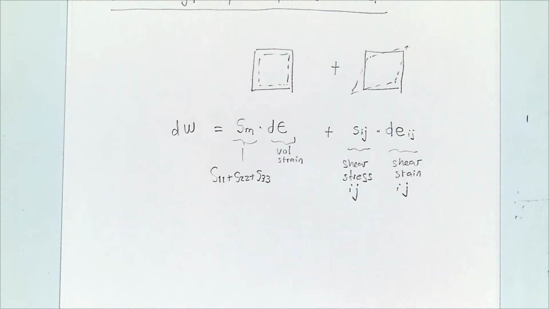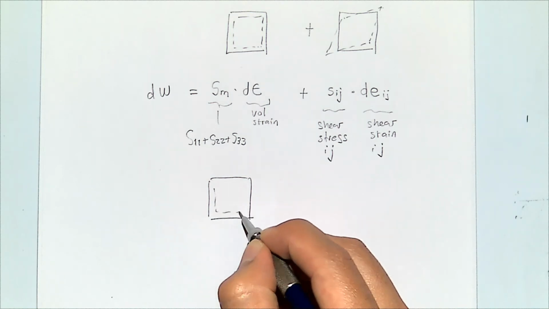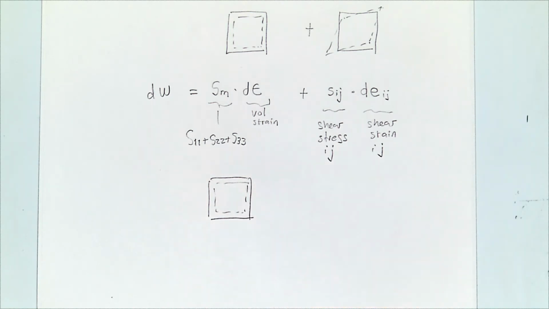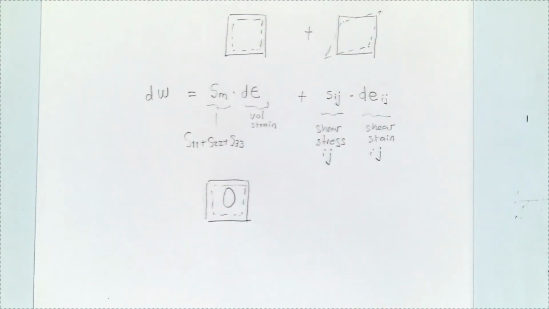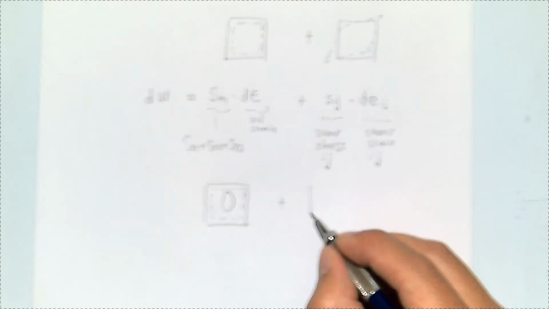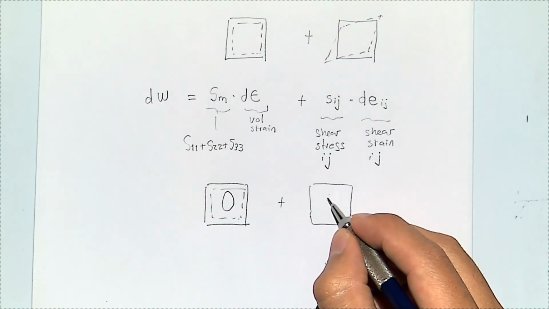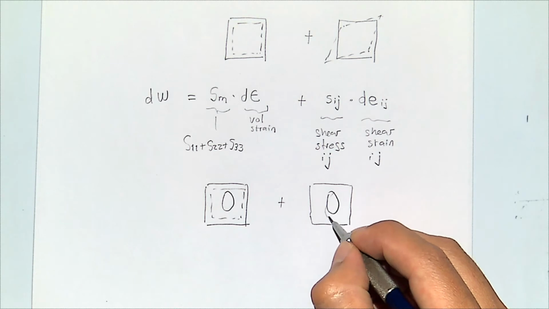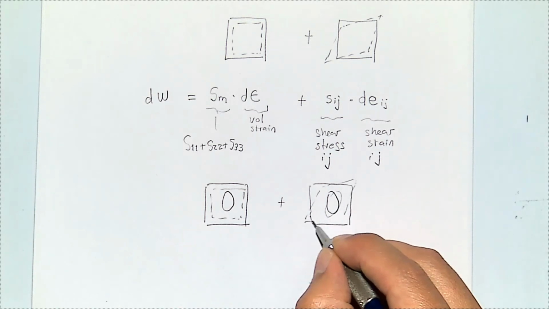Let's add now the porosity. So if I had a porous solid, I'm going to be able to compress it with total stresses. Let's add, just to make it simple, a big pore here in the middle. I'm going to be able to add shear strains to that porous solid.